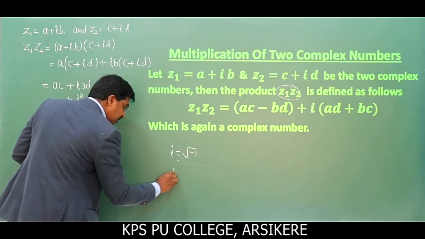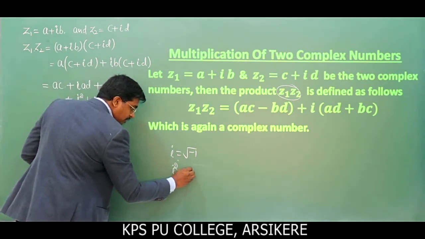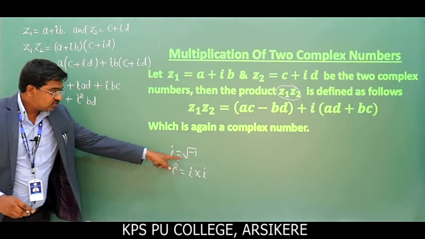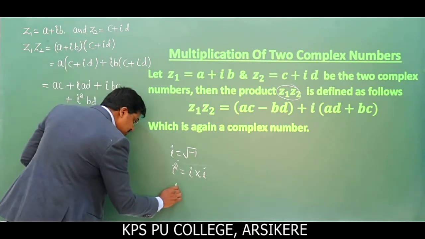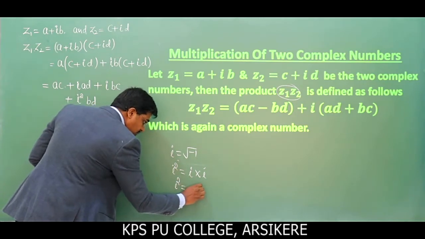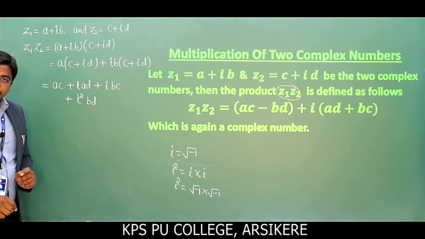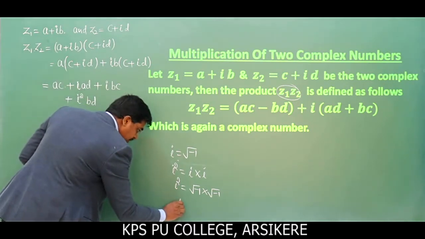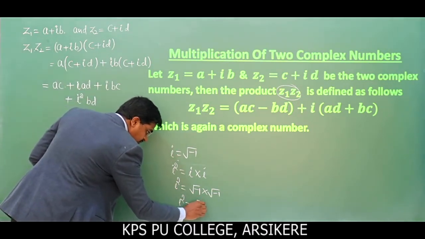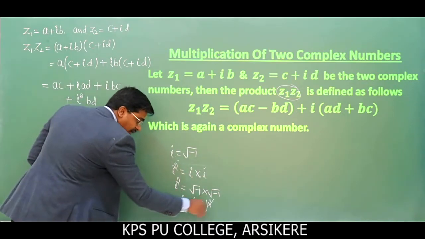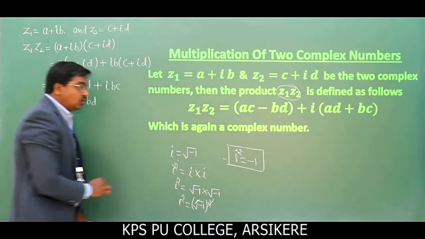i square is equal to i into i. What is i? i is square root of minus 1. So i square is equal to square root of minus 1 into square root of minus 1. This becomes i square is equal to square root of minus 1 whole square. Now the square root and square get cancelled. i square is equal to minus 1.